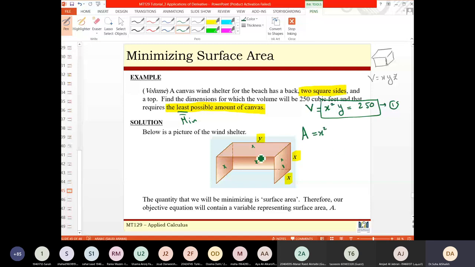This side is again x square. The back is x times y and the top is x times y. So the amount of canvas is equal to 2x squared plus 2xy, and this is equation number 2 that I actually want to minimize. I want the minimum amount of canvas. Okay.